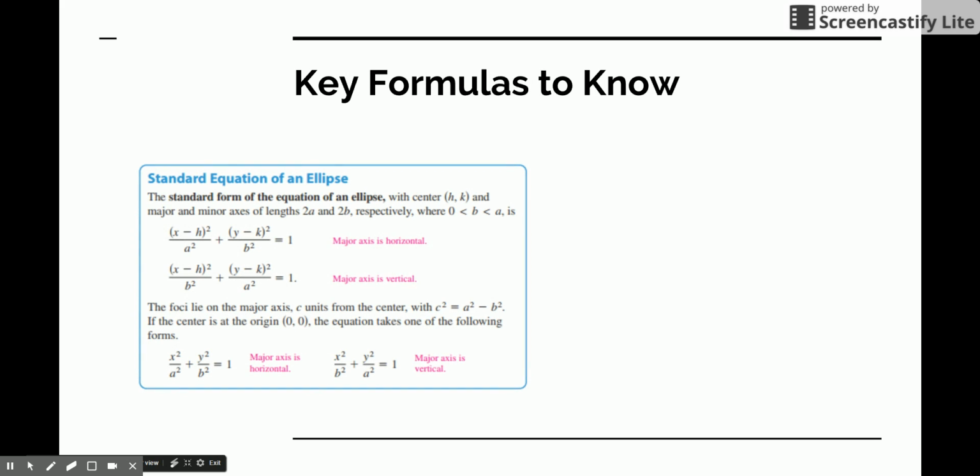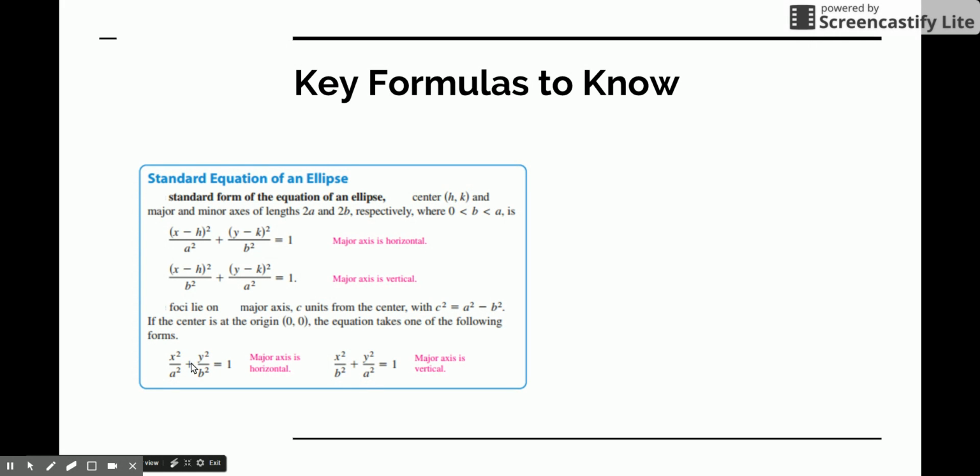So there's some key formulas you gotta know. I will just erase the words you don't need. The standard form of the equation of an ellipse: the center is (h, k), the major axis is 2a, the minor axis is 2b, a is greater than b, b is greater than 0. This is the horizontal ellipse. This is the vertical ellipse formula.